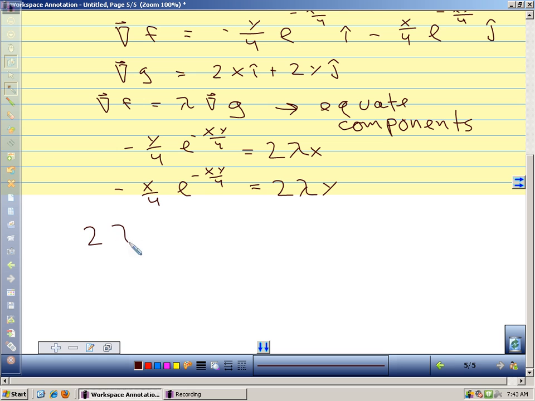So 2 lambda equals minus y over 4x e to the minus xy over 4, and that also equals minus x over 4y e to the minus xy over 4.